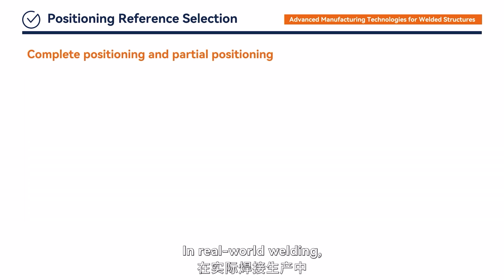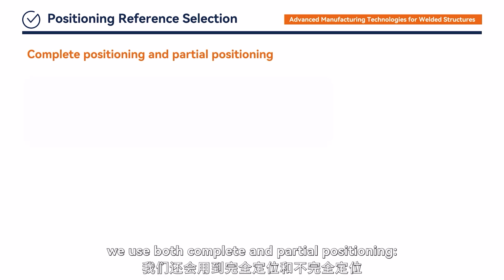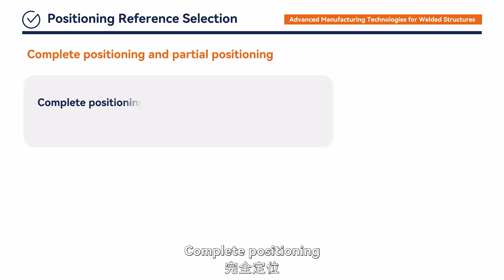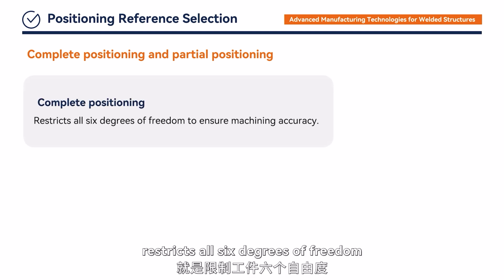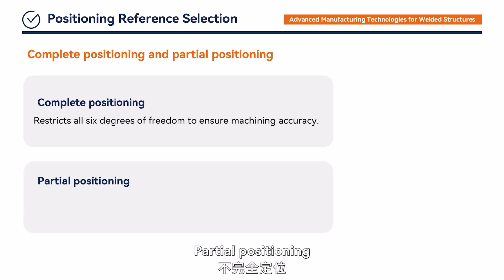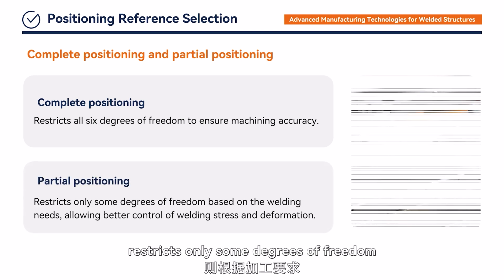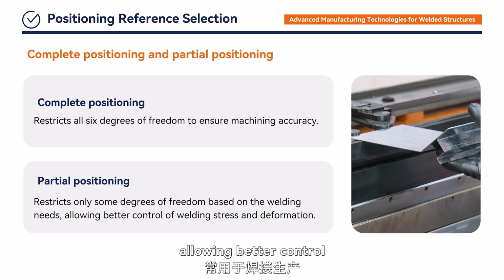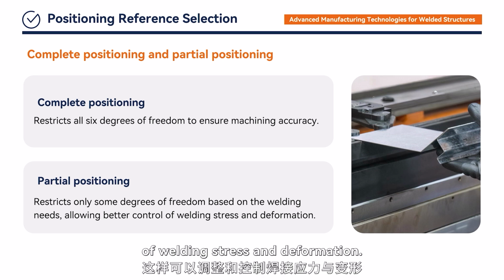In real-world welding, we use both complete and partial positioning. Complete positioning restricts all 6 degrees of freedom to ensure machining accuracy. Partial positioning restricts only some degrees of freedom based on the welding needs, allowing better control of welding stress and deformation.